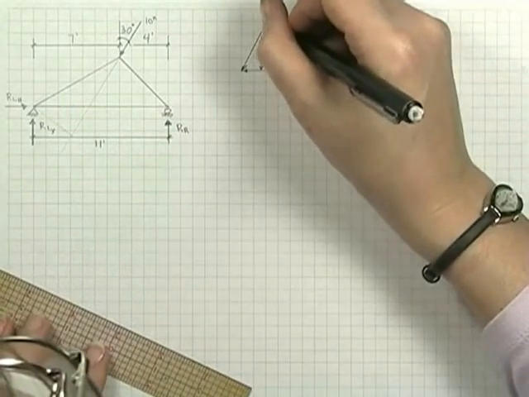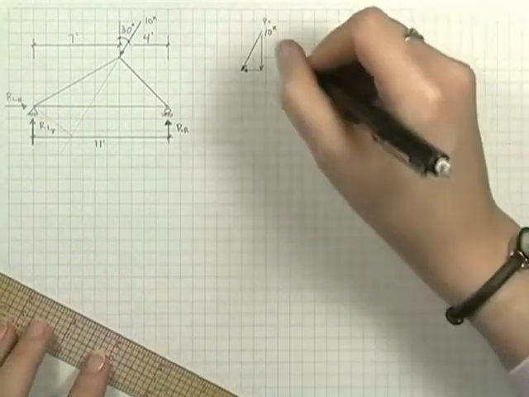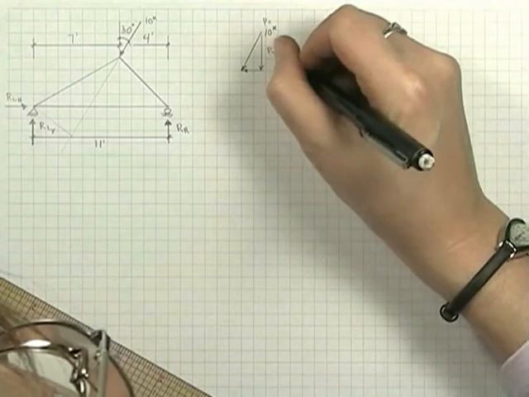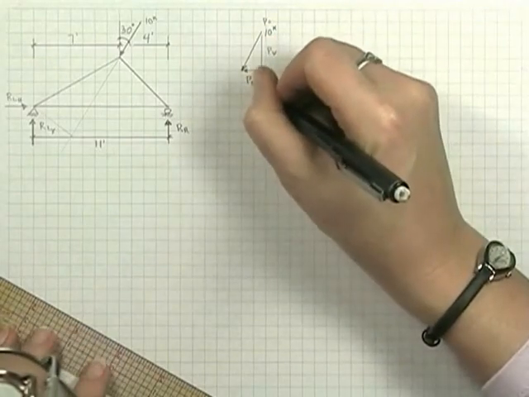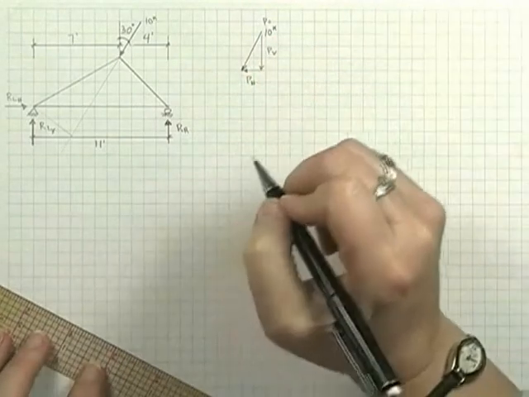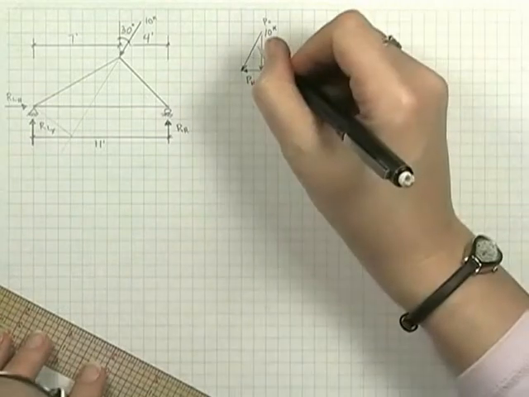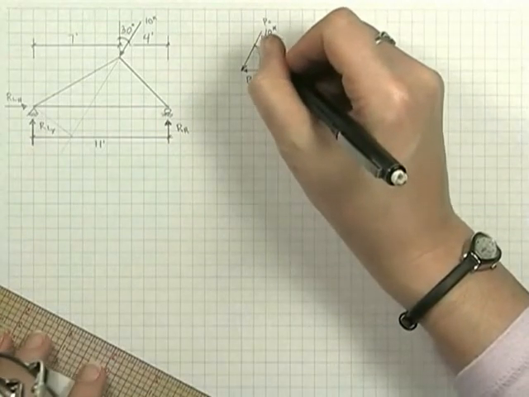So if we call this load P as our applied load, we have P vertical and P horizontal. The angle, 30 degrees.